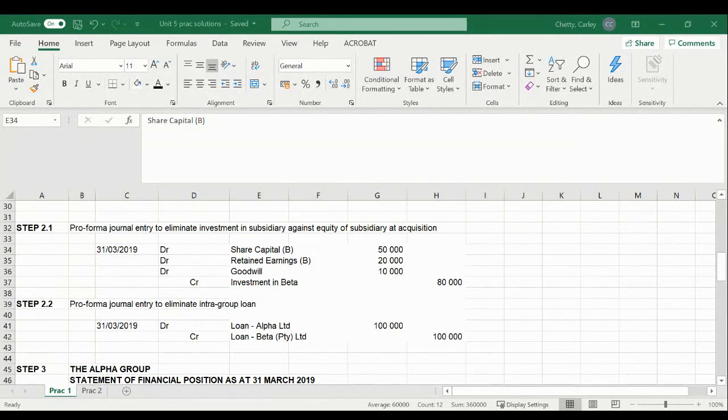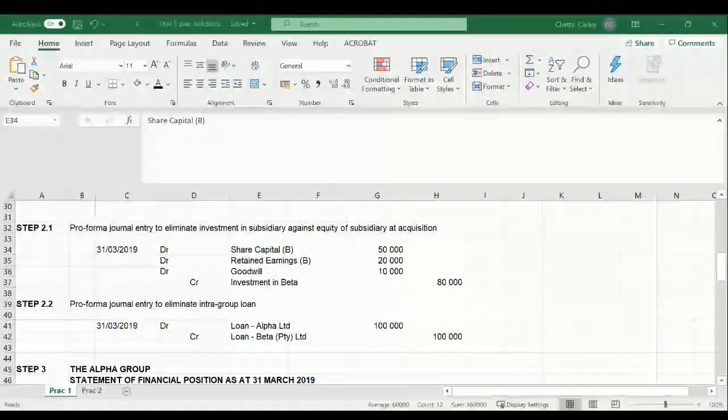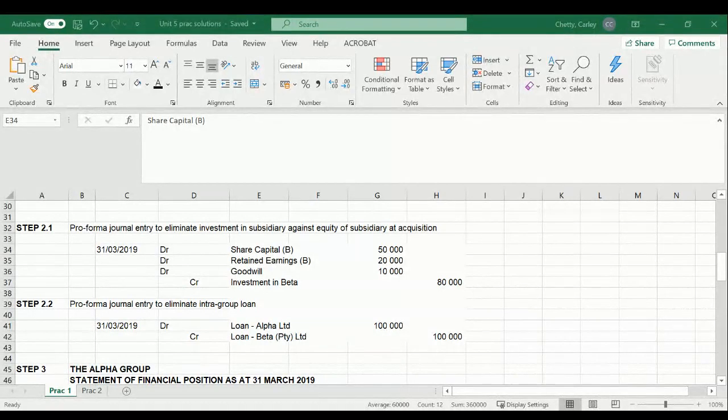Therefore we can be seen as overpaying, but in actual fact there was goodwill of 10,000 Rand. If we take the consideration paid of 80,000 and subtract what was acquired, which is 70,000 Rand, we have goodwill, which is a debit balance of 10,000 Rand.